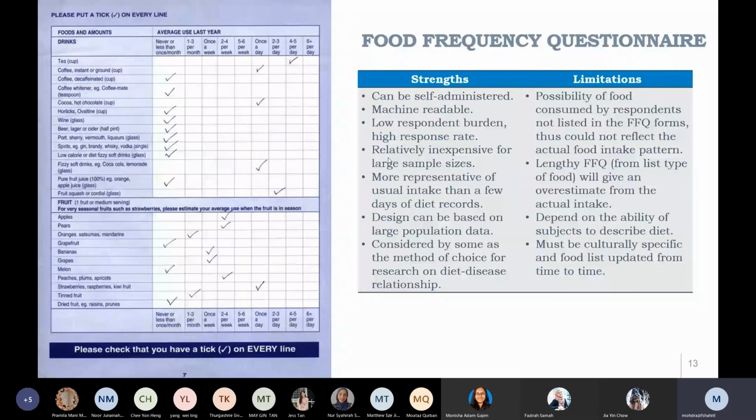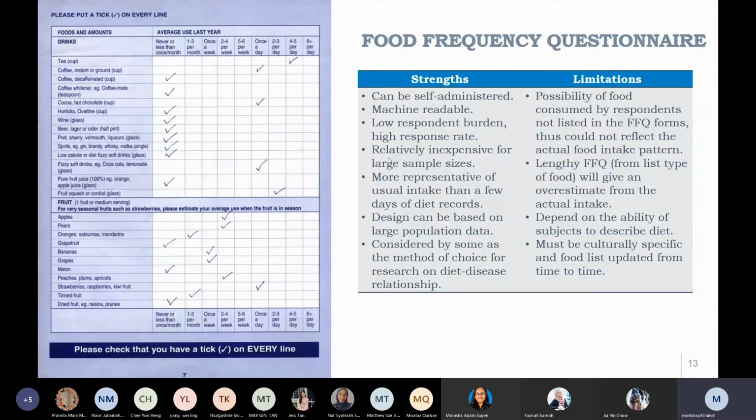Although it is not frequently consumed by them, because it's listed there, they want to tick at least per month, because they cannot actually recall accurately. It depends on the ability of subjects to describe their diet. Okay, so we cannot have a correct or accurate answer for all the food items.